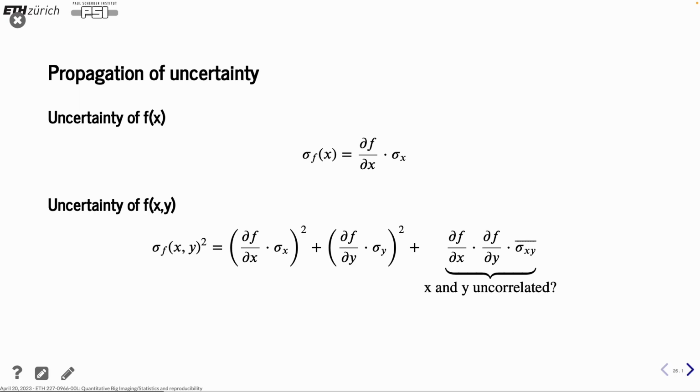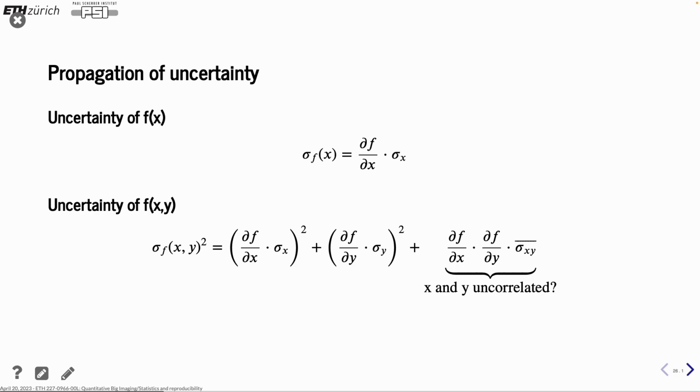And when we measure our things now in images, we are talking about pixels, we are talking about gray levels, but we want to relate it to something. And here we have to start propagating our uncertainty. If you just have a function of a measured value, then the uncertainty is propagated using the derivative of that variable multiplied by the uncertainty of it.